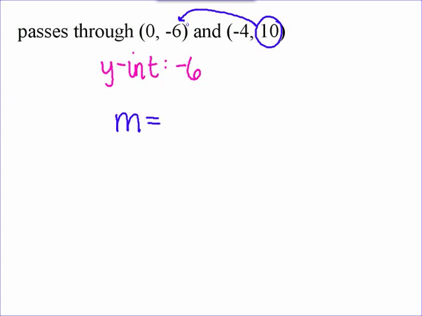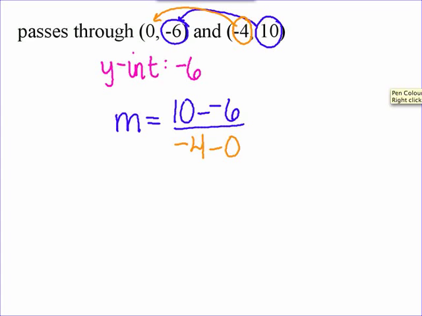Let's look at this one. So do I know anything in this problem? I know the y-intercept, and the y-intercept here is -6. Good job. So how do I find the slope between those 2 points? Okay, so slope, remember the slope formula. I'm going to take 10 minus -6, so 10 minus -6 divided by negative 4 minus 0.